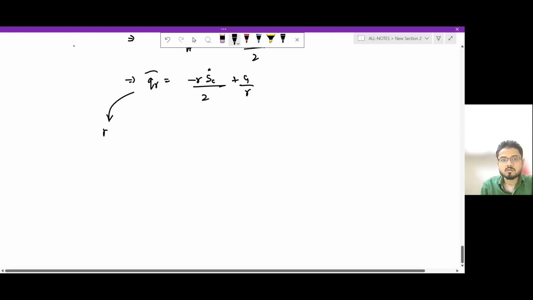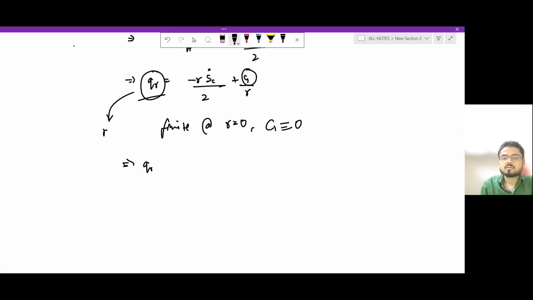So this would mean that for Q_r to be finite at r equals 0, you need to have C1 identically equal to 0. So this would imply that Q_r is equal to minus r times S_c dot over 2.